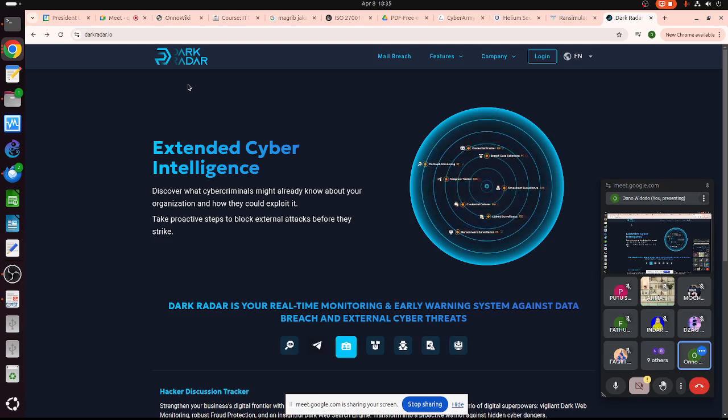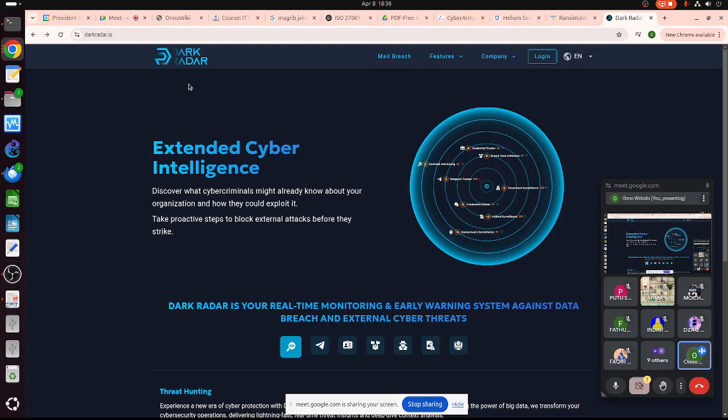It grabs the information from the dark web, and if there is any data leakage from our company or our organization, this particular platform can identify whether our data is being leaked into the dark web or not. So this is Dark Radar.